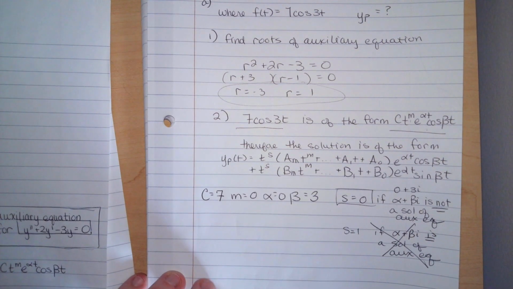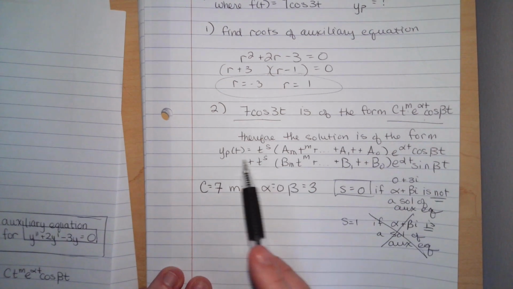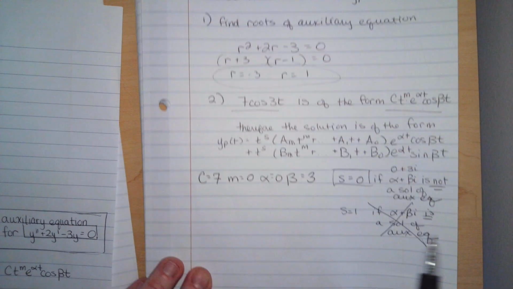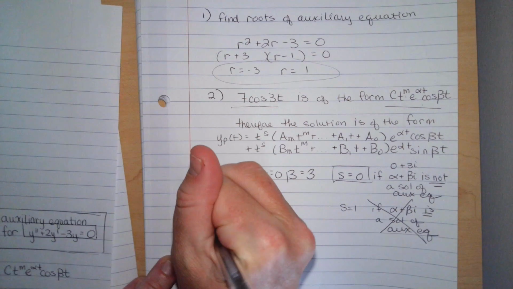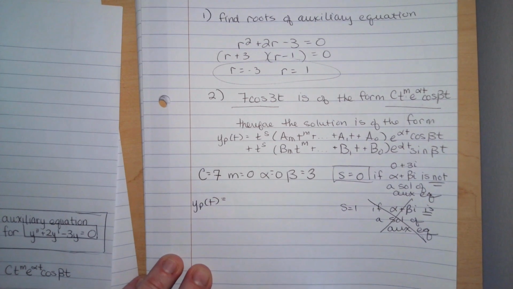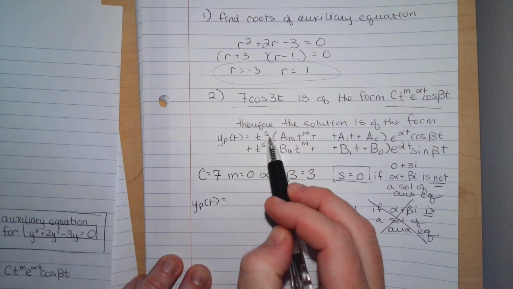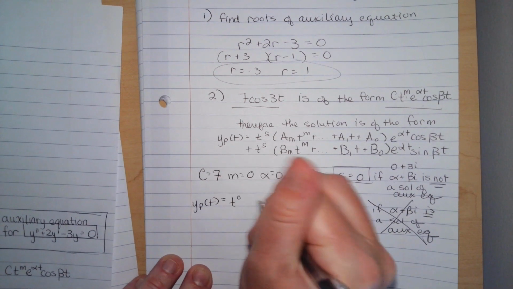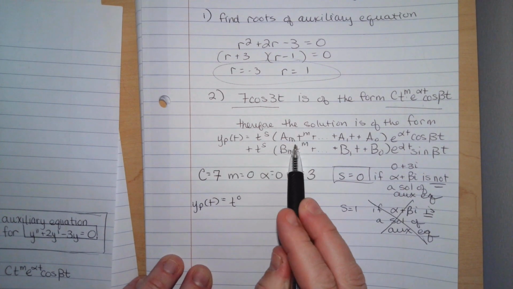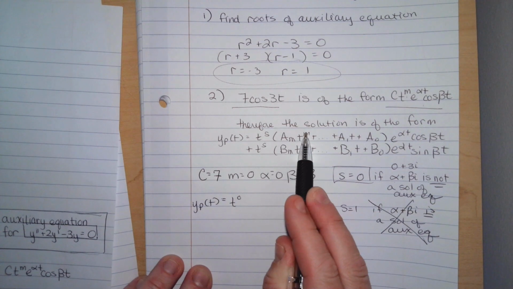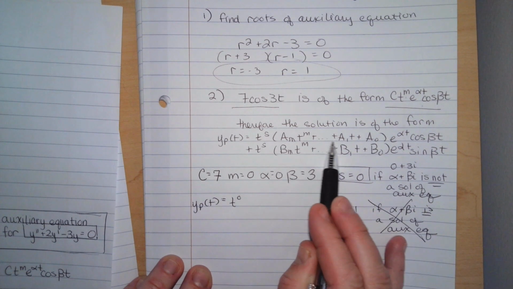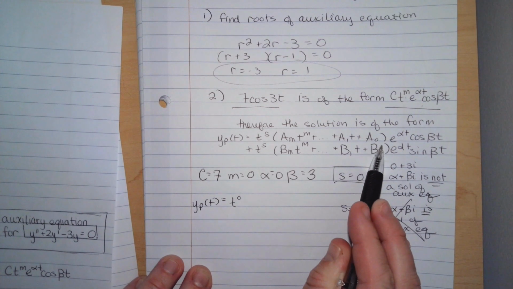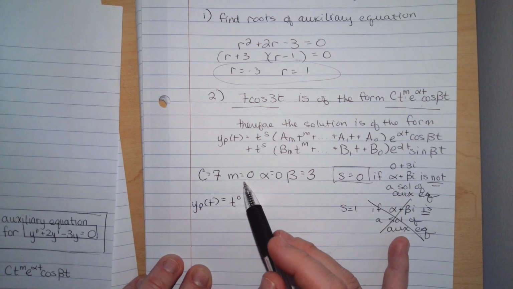All right, so let's go ahead and dismantle this and deal with it. So our y of p equals t to the s, t to the 0, a to the m, t to the m, and then you count down all the way until you get a to the 0. Well, guess what? Our m is 0.